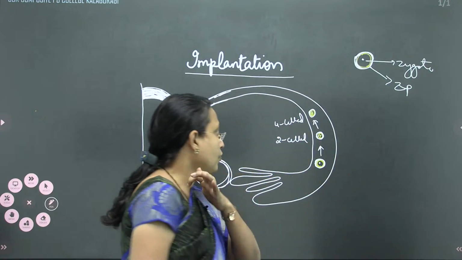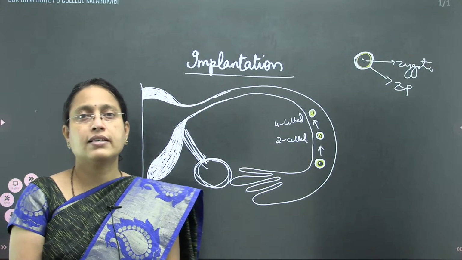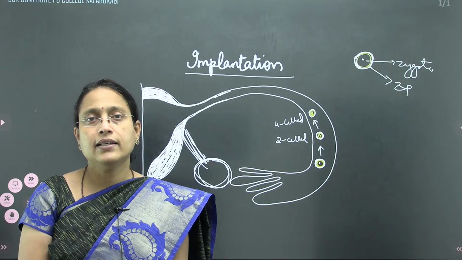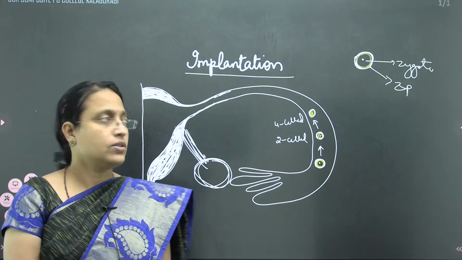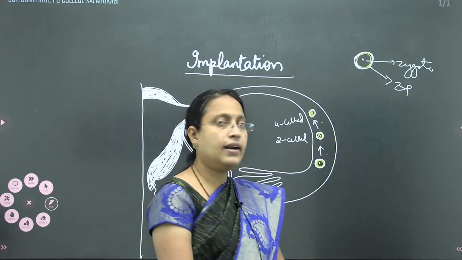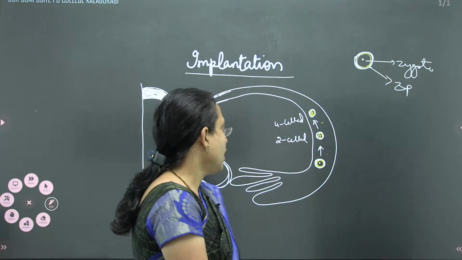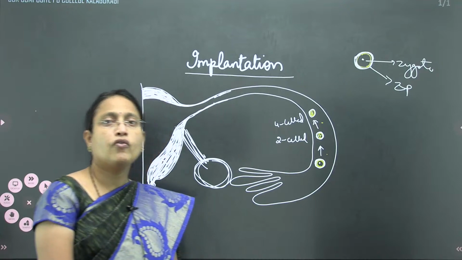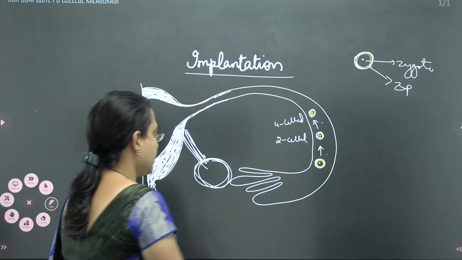Therefore the two cell stage forms the four cell stage through an intermediate three cell stage. So this was the first cleavage, and this is going to be the second cleavage. Now the four cell stage will form the eight cell stage.